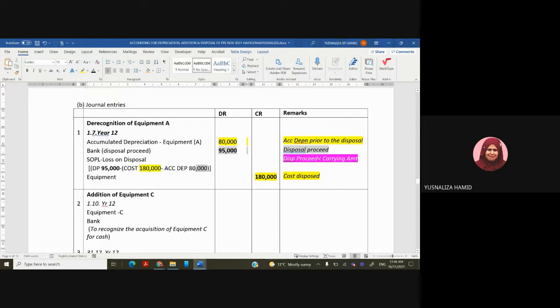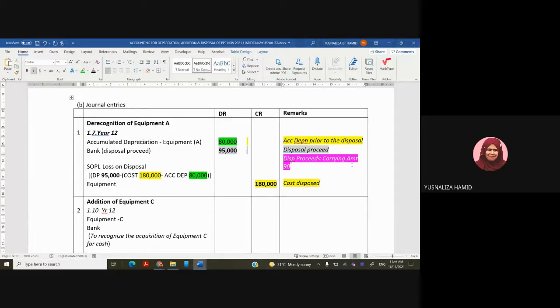Accumulated depreciation was 80,000. So I will put a different color for depreciation, because it will be confusing. Okay, 80. So you can see that 180 minus 80 is 100,000, right? Are you with me? So remember, the carrying amount was 100,000 because 180 minus 80 is 100,000.